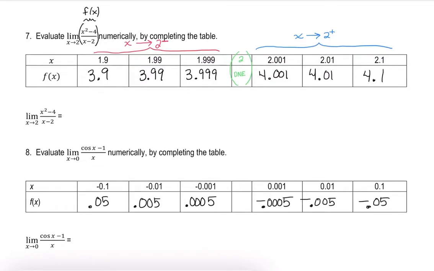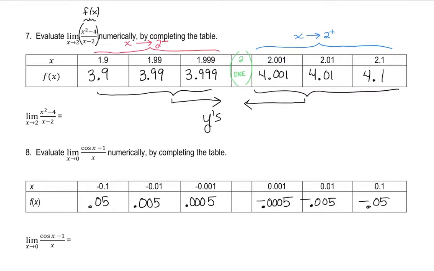So the question is, are these y values approaching the same number from both sides? What are the y's approaching?